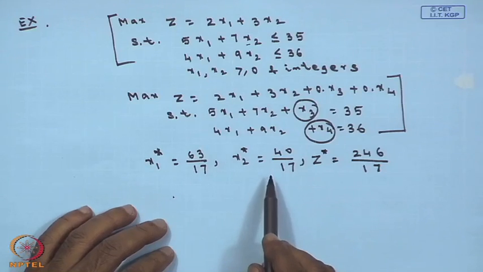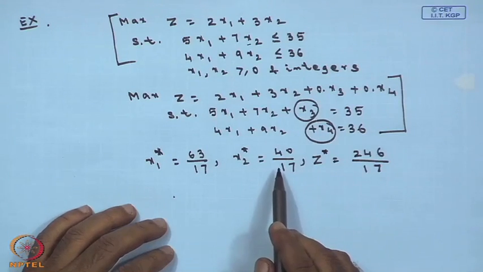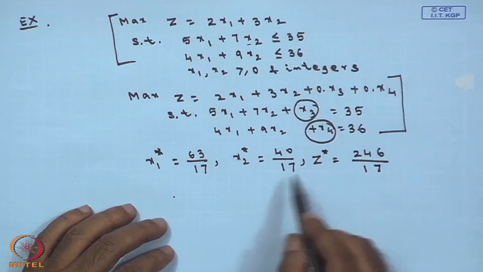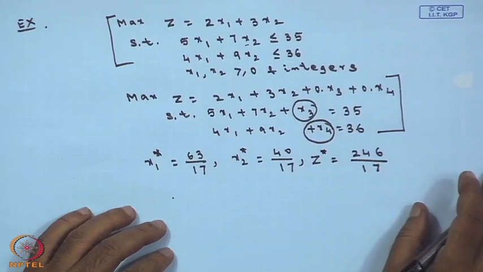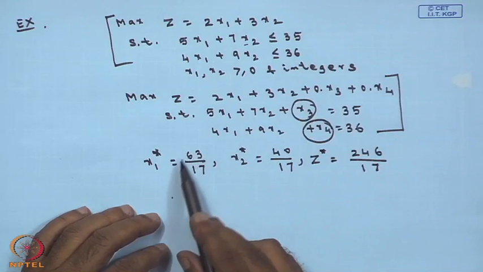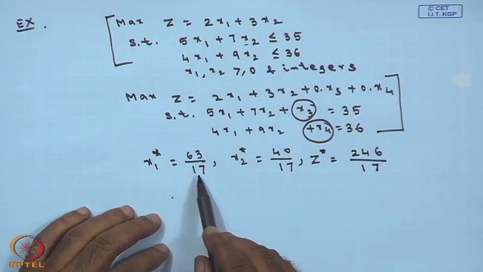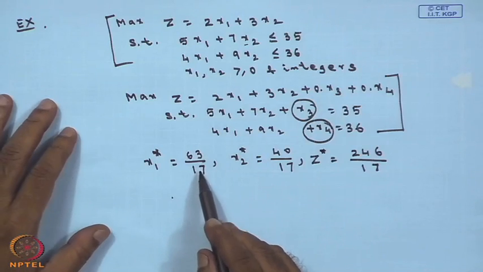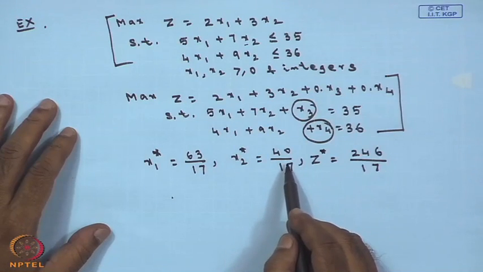So, now you see here your x1 star, x2 star are fractional values. So, therefore, the solution has non-integer values. Which one is having the maximum fractional part? x1 star will have the maximum fractional part, because it is 63/17, and x2 is 40/17.